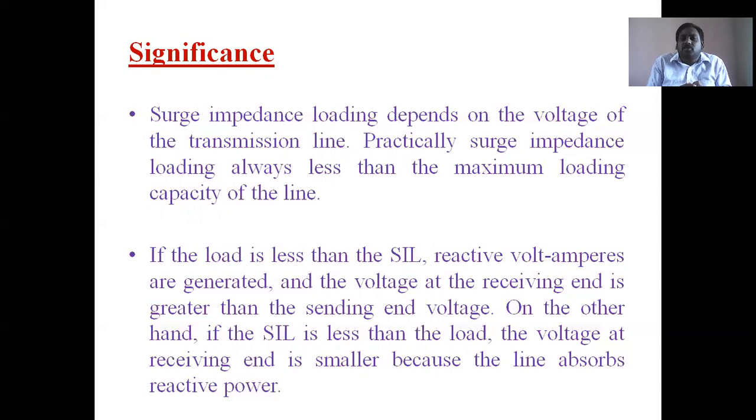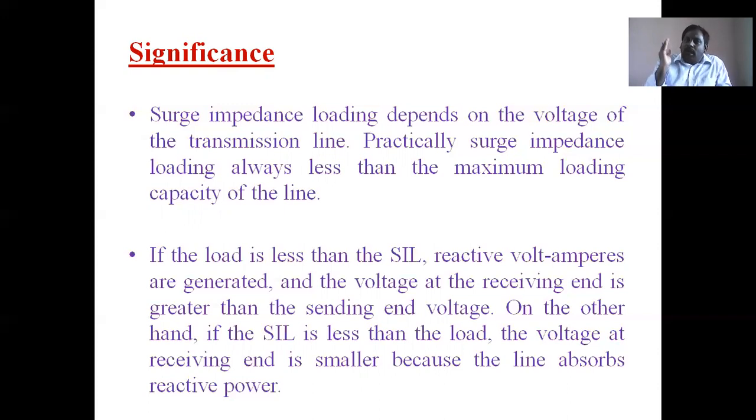Generally, surge impedance loading is always less than the maximum loading capacity of the line. But during any situation where there is a large difference between the generated reactive power and the absorbed reactive power, things change. When generated reactive power is more, charging currents and capacitive currents are more, and the capacitor generates more power. That means the load is less than the surge impedance loading.